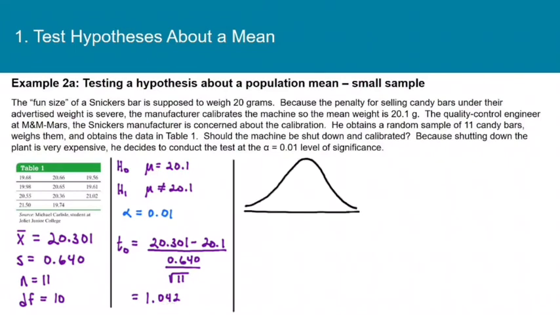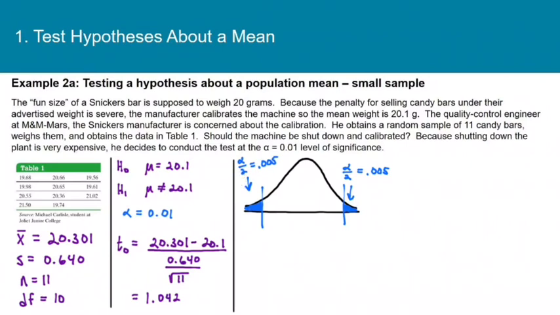And I'll go ahead and sketch our normal curve. Since this is a two-tailed test, we're going to need 2 critical values, and we will shade both tails. Now remember, alpha is the area in the tails. It's just that we have 2 tails here. So if alpha is 0.01, then each of these tails has an area of 0.005, and each of these tails actually represents alpha over 2.